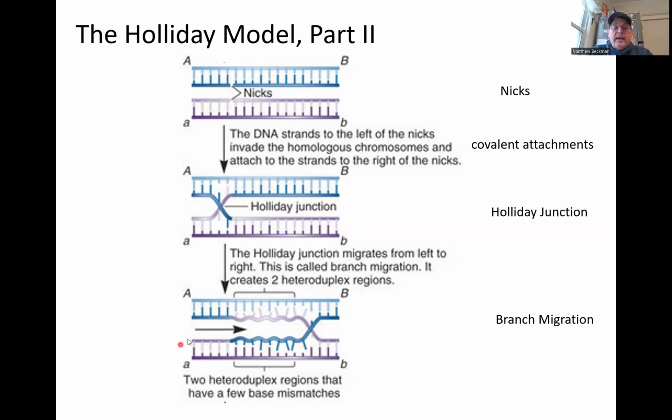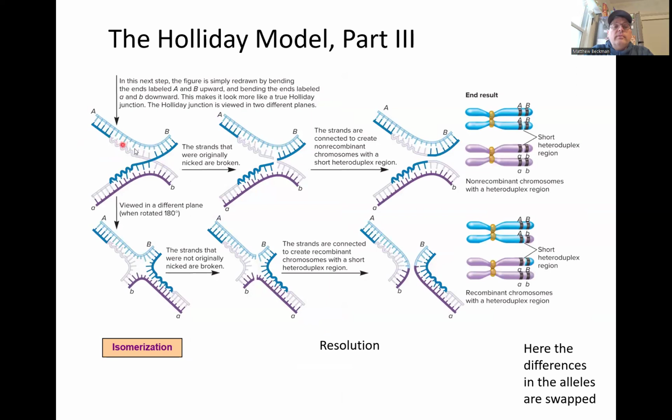So let's take a look at the migrating branch. And so here's the migrating branch. And we're going to think of two things as happening, okay? So this area of the wiggles would be the heteroduplex area. We note that the outer branches here have big A, big B, little a, little b.